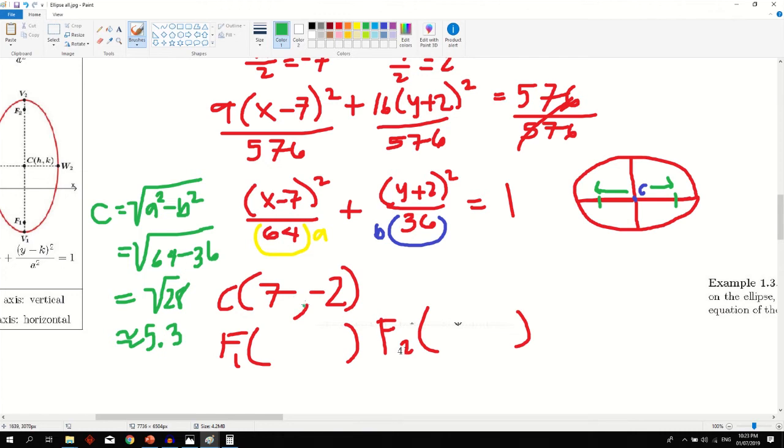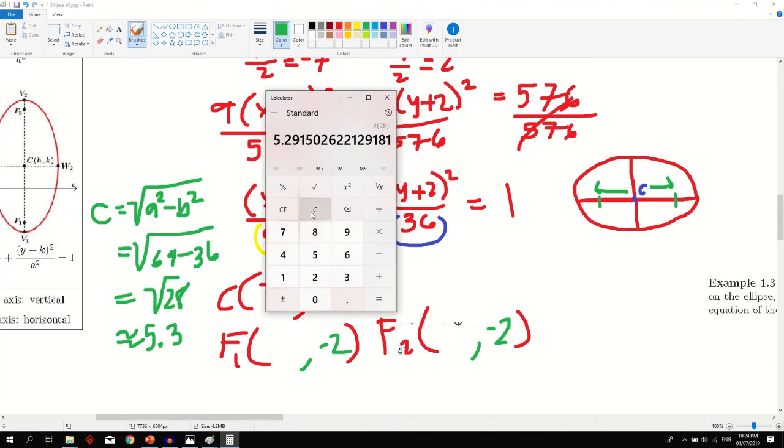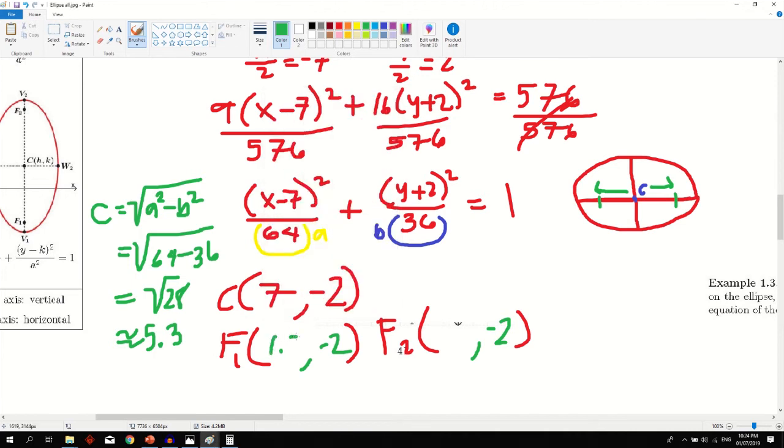Okay, so what will be moving, the y or the x? Alright, the x. So y would still remain at negative 2, then we have plus and minus. The center is 7, so 7 minus 5.3 is equal to 1.7.